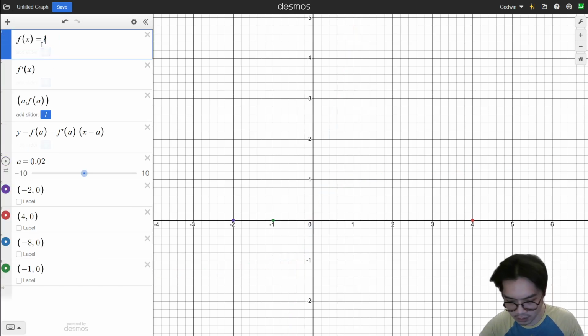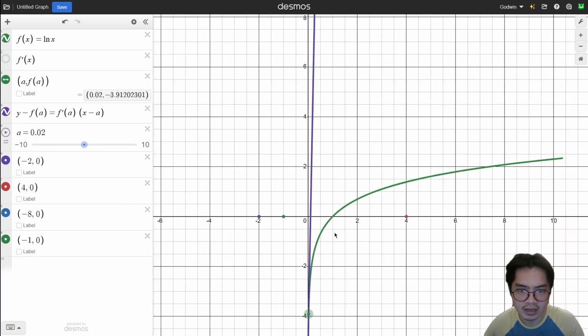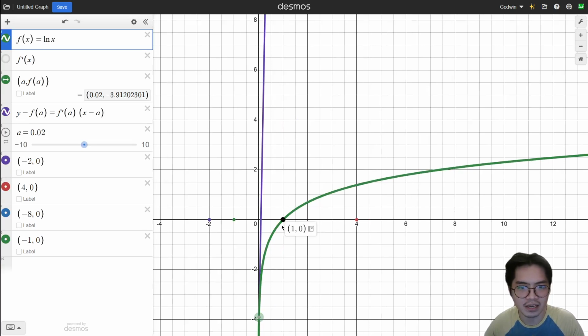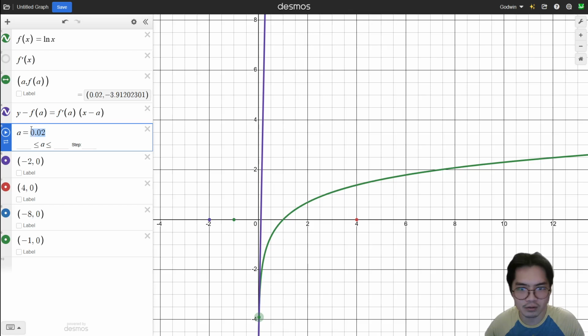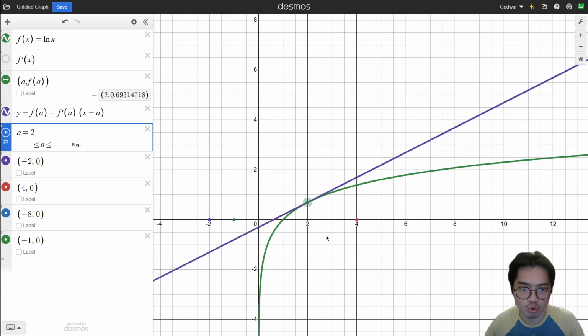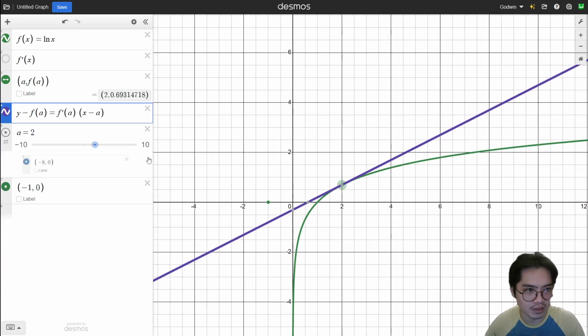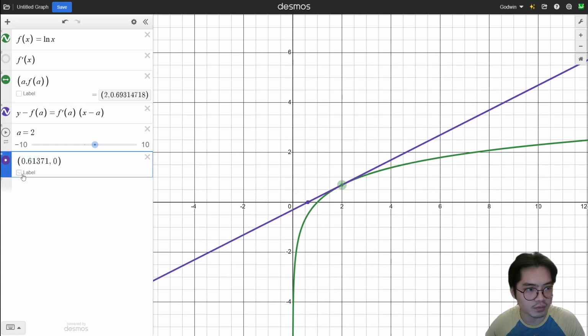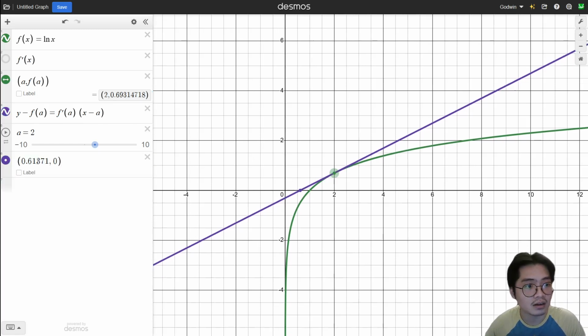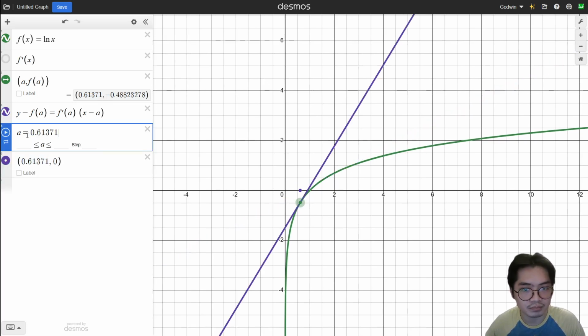Let's say for example ln of x. And ln of x, well, it's going to be here. So let's try this out. What if you arrive at 2? It's going to be at 0. Okay, try this out. 0.61371. Okay. Let's put this in here.